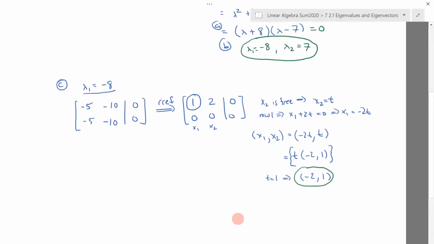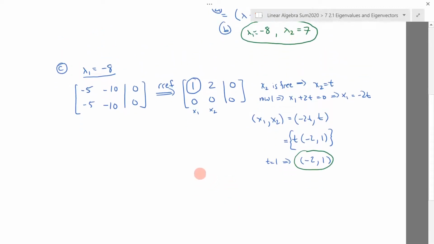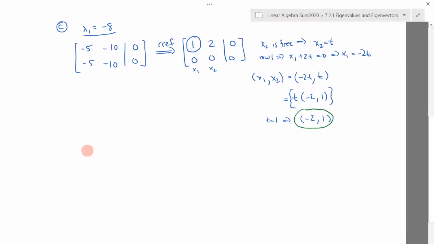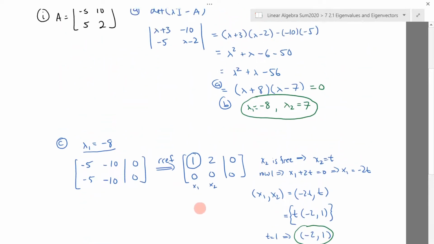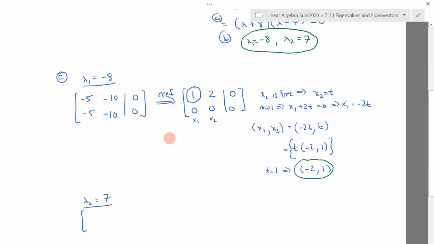So now we have to follow the same procedure for the second eigenvalue. So let's do that. So lambda 2 is equal to 7. So I have to take 7 and plug it into lambda here. 7 plus 3 is 10. 7 minus 2 is 5.